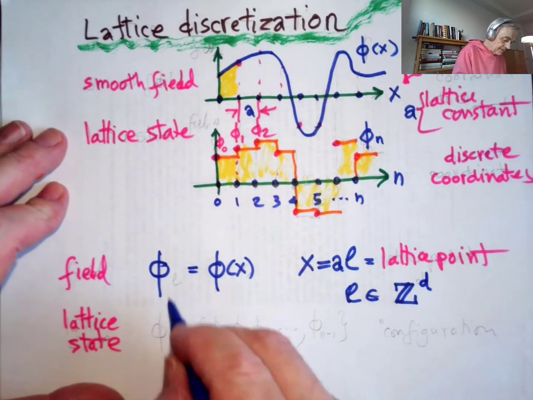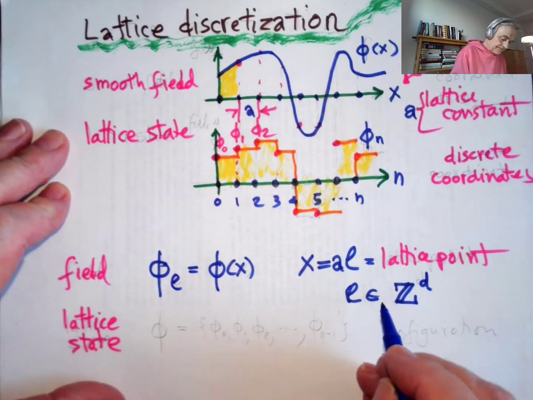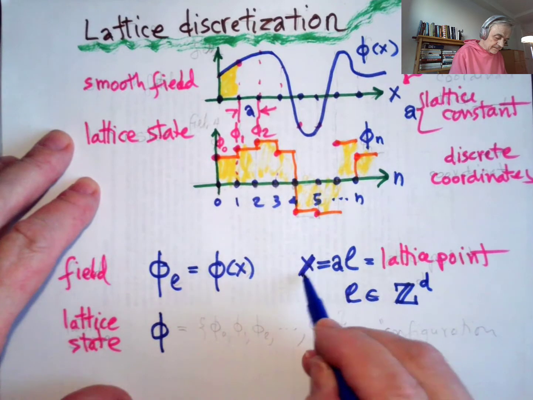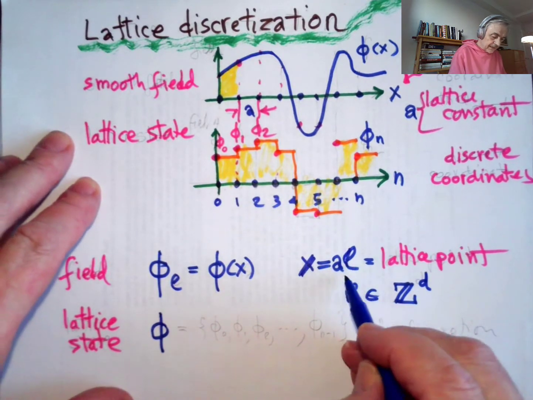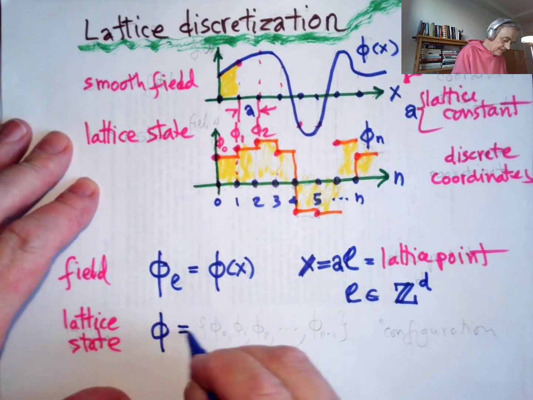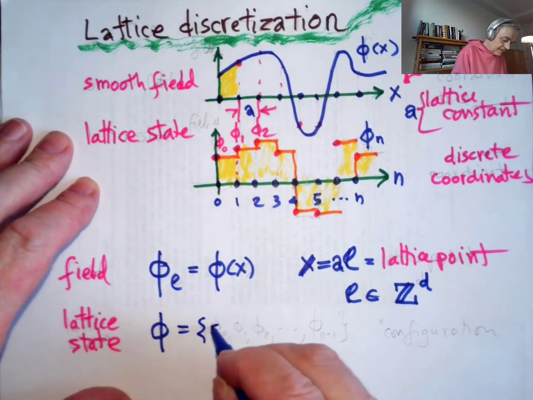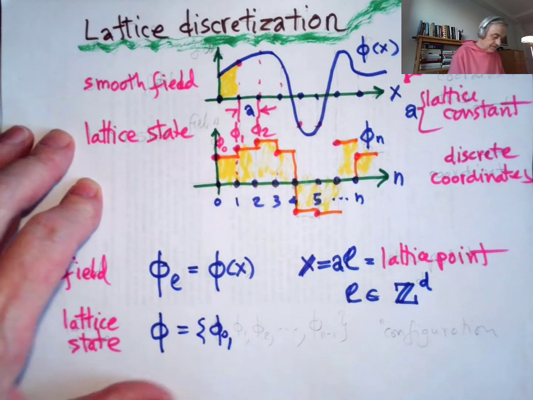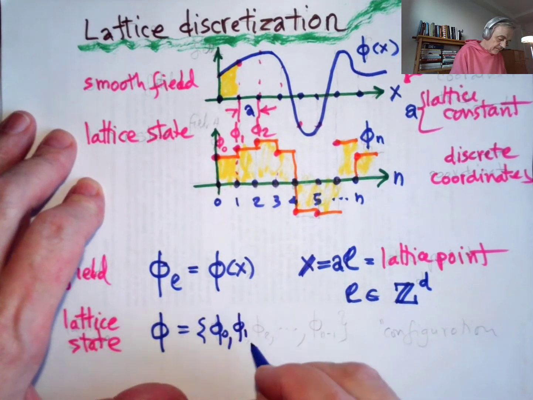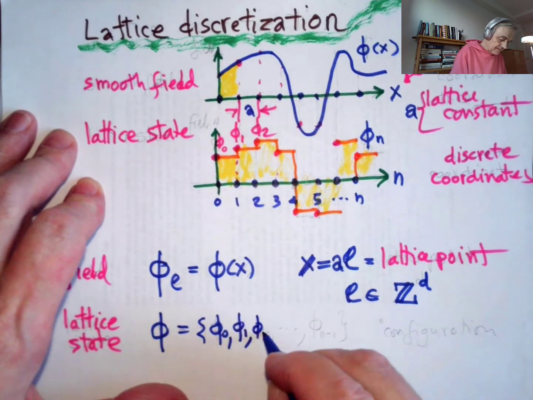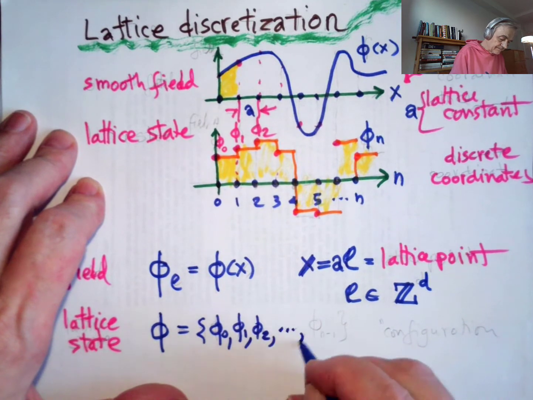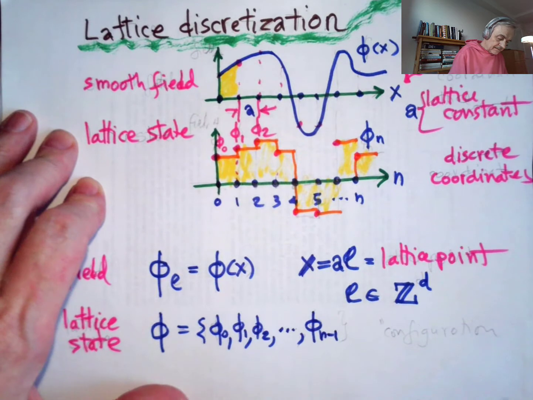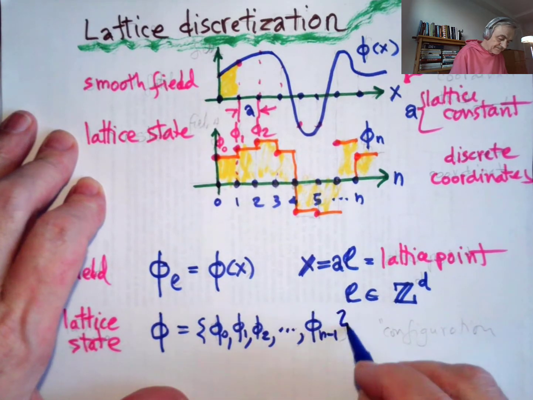And the lattice state evaluated at the coordinate lattice space system L is a set, not a continuum like a function, but a set of values of the field. And let's take n of them.